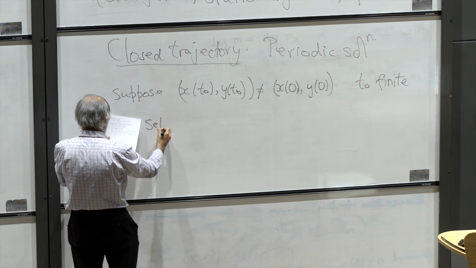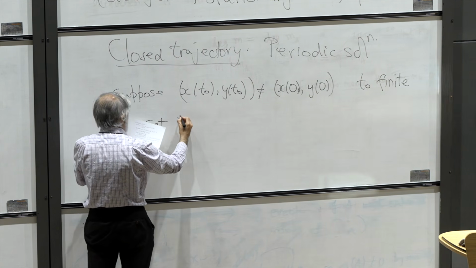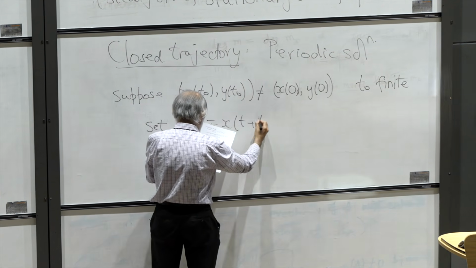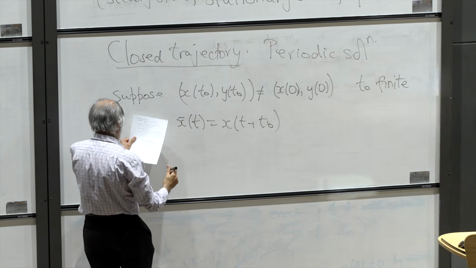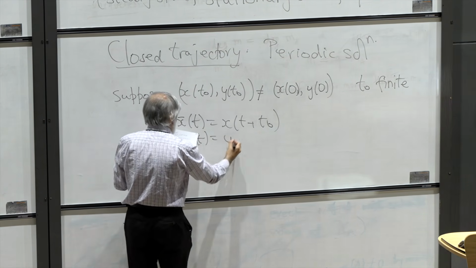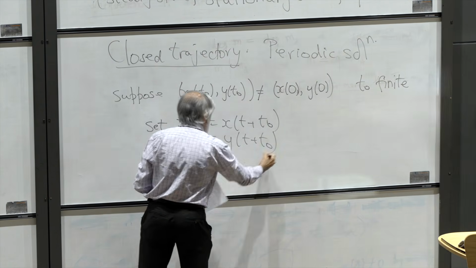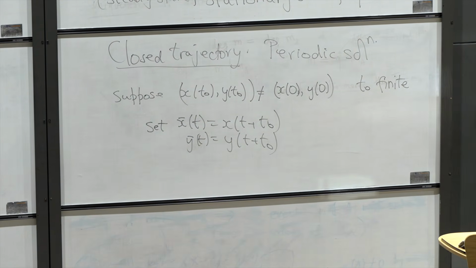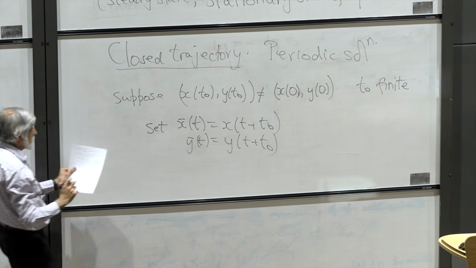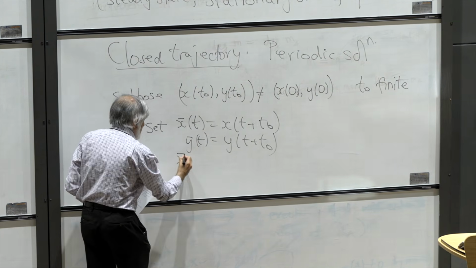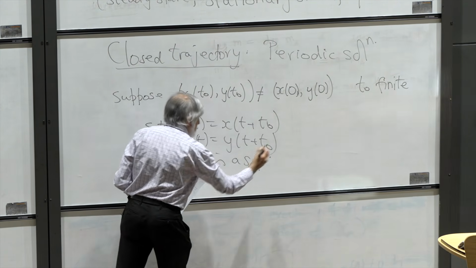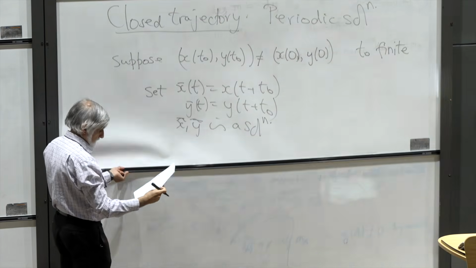So then set x hat of t to be x of t plus t naught, y hat of t to be y of t plus t naught. Then we know that x hat, y hat is a solution because of what we've done before.